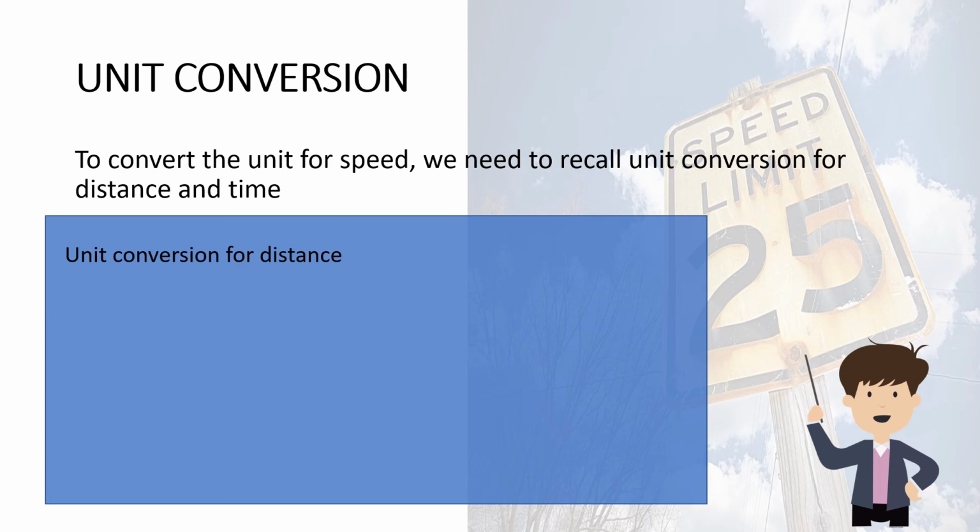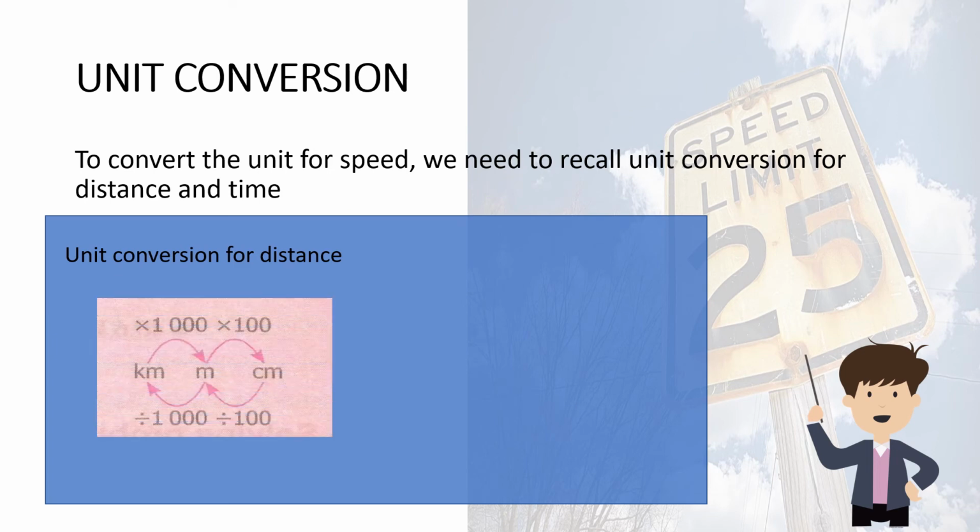For distance, from kilometer to meter, we times 1000. For meter to centimeter, it is times 100. Vice versa, from cm to meter, you divide by 100. From meter to kilometer, you divide by 1000. This is the unit conversion for distance.